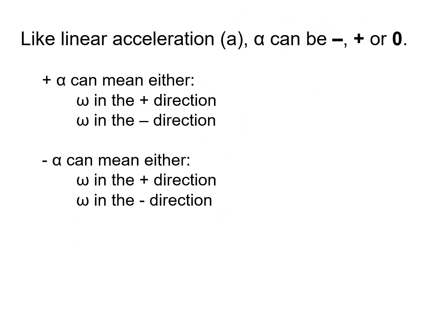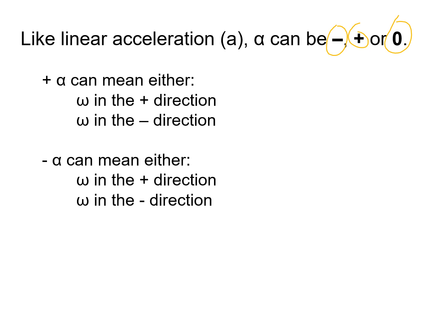So with linear acceleration, remember that it can either be positive, negative, or zero. Usually we say that if it's positive, we see a positive net force. We're seeing velocity increase. Negative means the velocity decreased. Zero means velocity stayed the same.